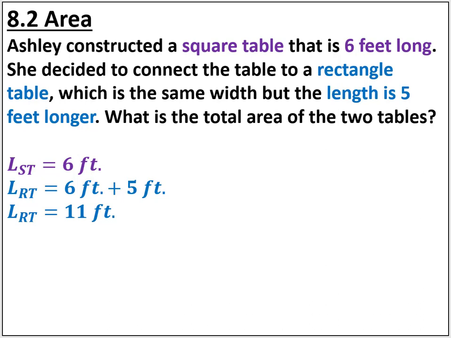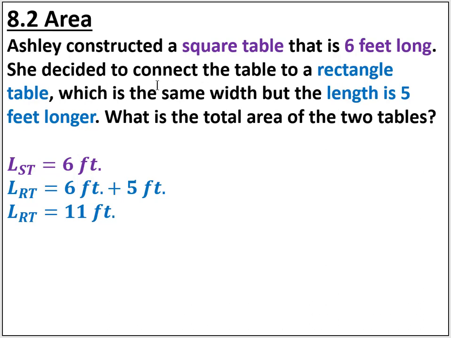Now we need to find the width of the rectangle table. The reason we need that is that in order to find the area of the rectangle table, you need to know your length and your width. We don't actually have to do any kind of work to find the width. We know the length of the square table is 6 feet long, and in the same word problem, when she decided to connect the table to a rectangle table, which is the same width, that implies that the width of the rectangle table is the same length as the square table.